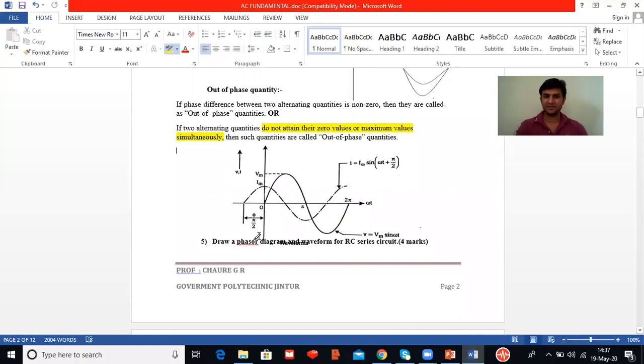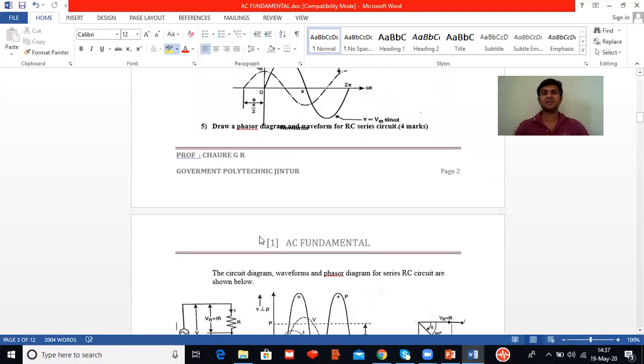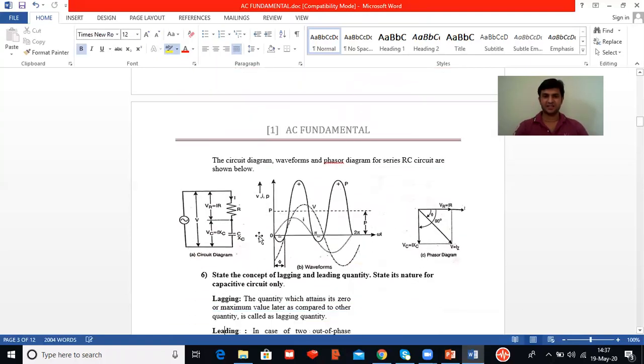Next question is to draw the phasor diagram and waveform diagram for the RC series circuit. What is meant by an RC series circuit?